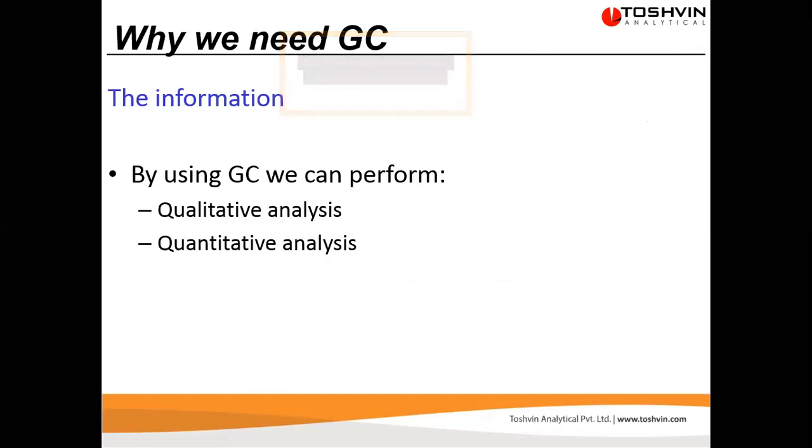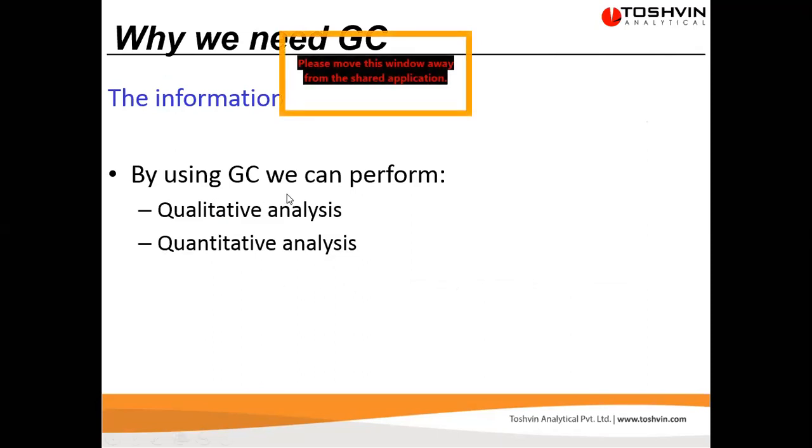So why do we need GC? What output do we get when we do a GC analysis? We get some kind of information about our sample, whatever we have injected. By using GC, we can perform qualitative analysis and quantitative analysis.